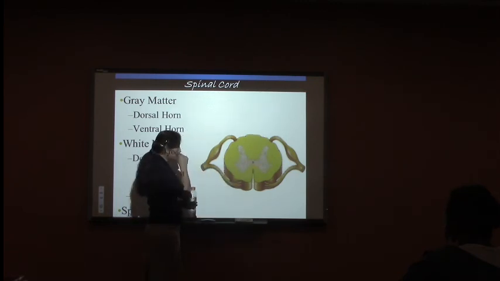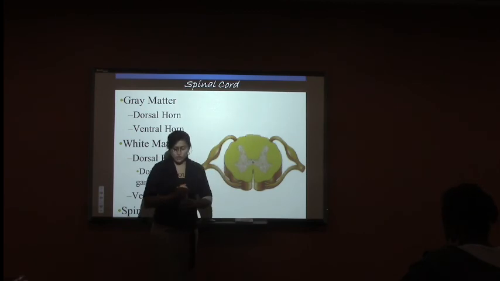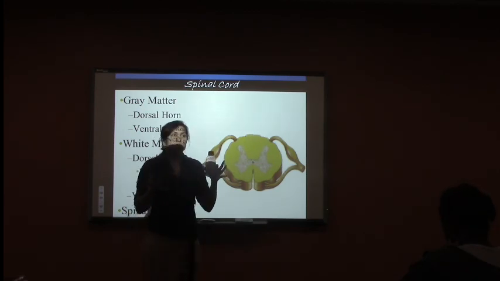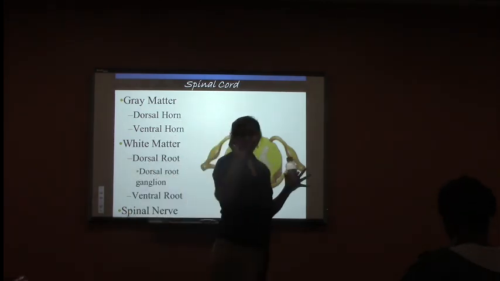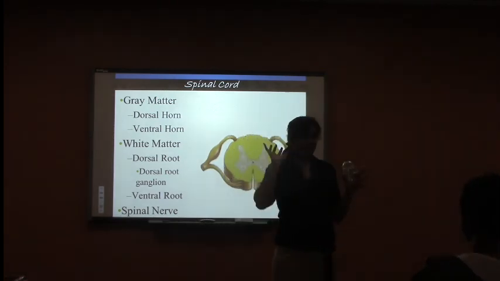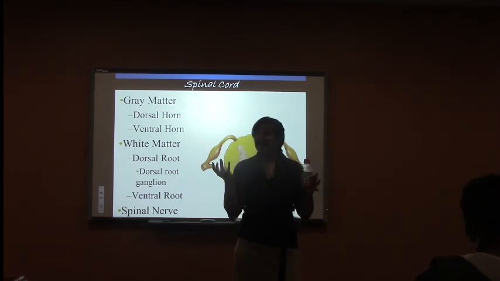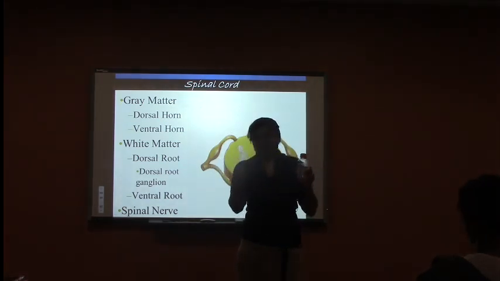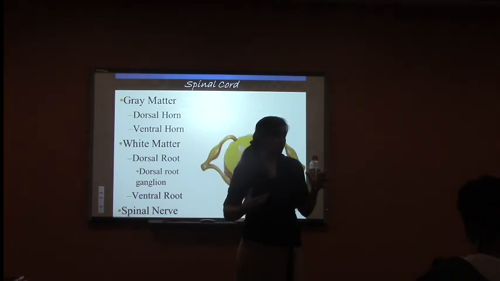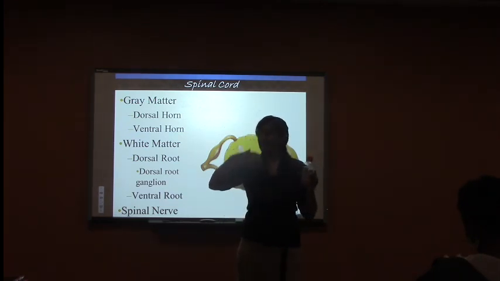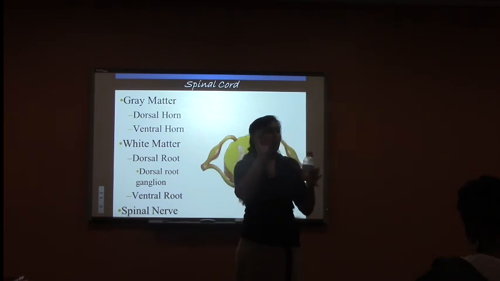Before I get into cross section, do you remember when you were looking at the skull? There was a big hole at the bottom. What was that hole called? Foramen magnum. So the medulla turns into the spinal cord, and the spinal cord exits the skull via that big hole called the foramen magnum.